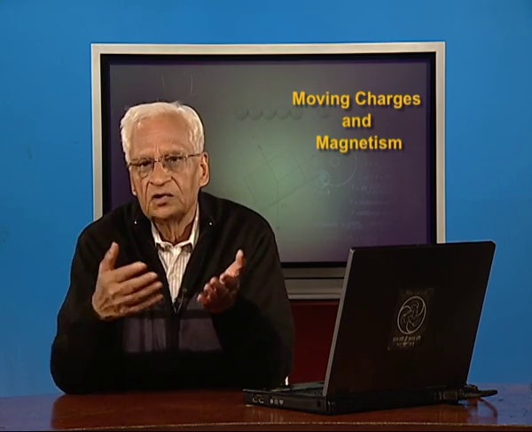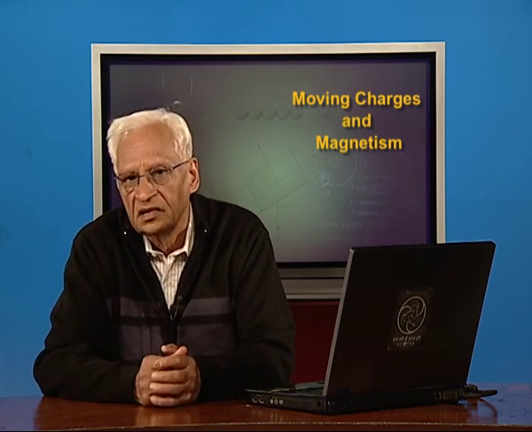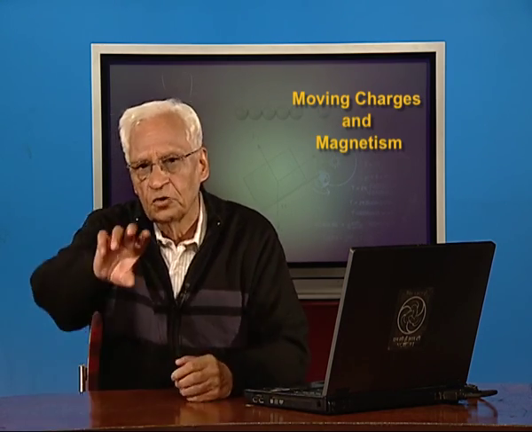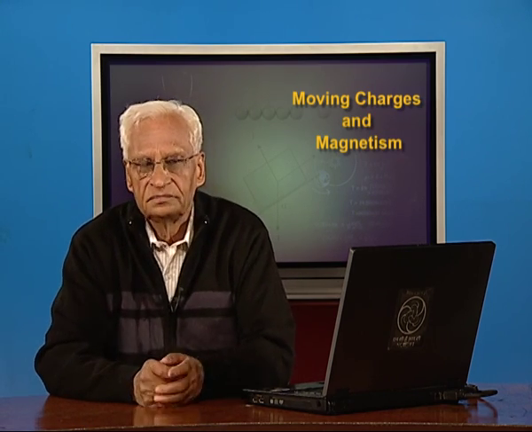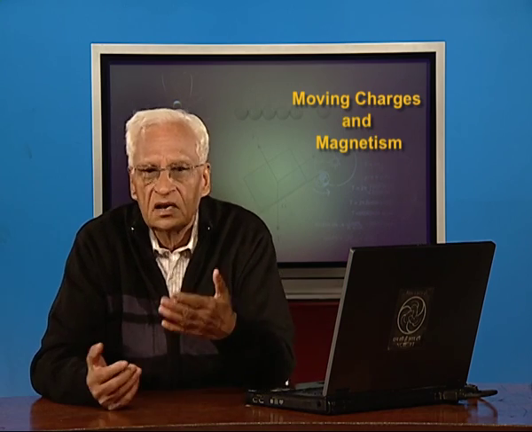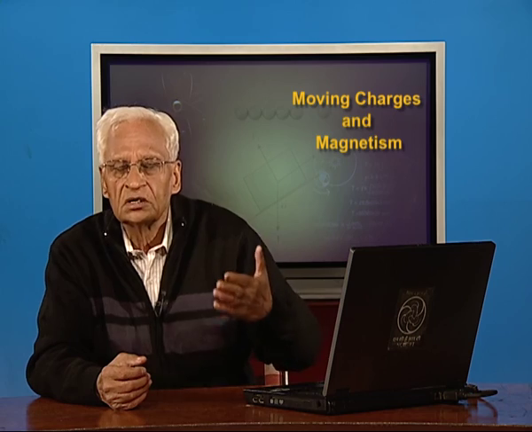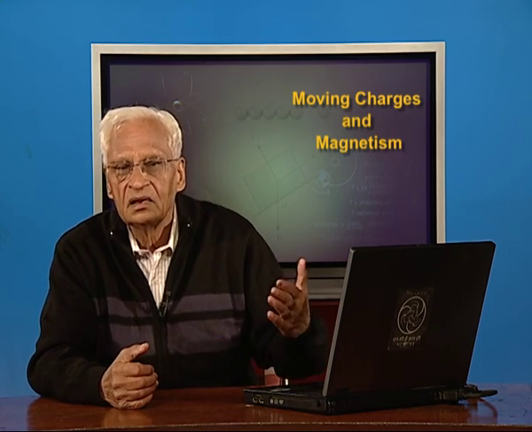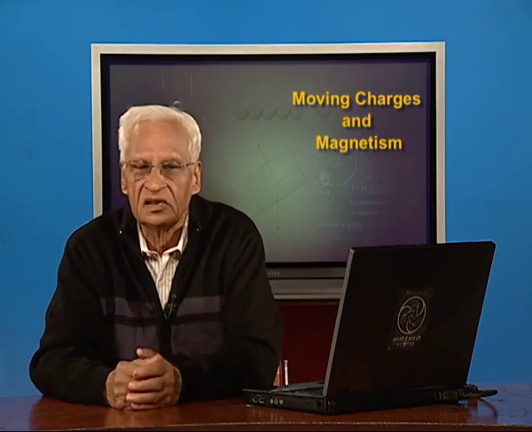You simply apply the mathematical expression and you get the magnetic field. The direction, of course, you get by applying the right hand screw rule. In the next lecture, we shall continue with this, and in fact, we shall study the motion of charges in electric field first and then electric and magnetic fields together.